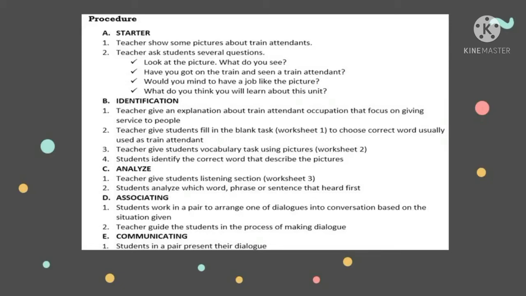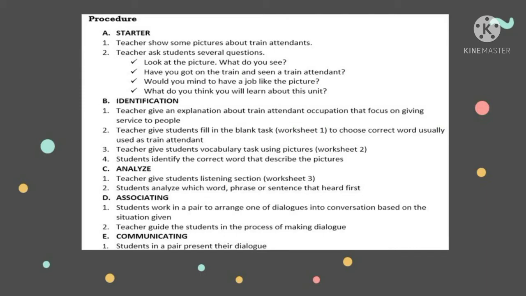This is worksheet 1, to choose the correct word usually used as a train attendant. And then the teacher gives students vocabulary tasks using pictures, worksheet 2, and students identify the correct word that describes the picture. So I mixed the two worksheets here in identification because I think this is the time for collecting information.